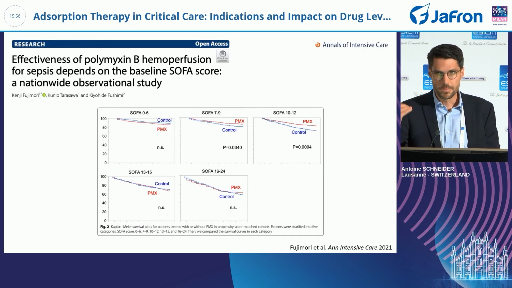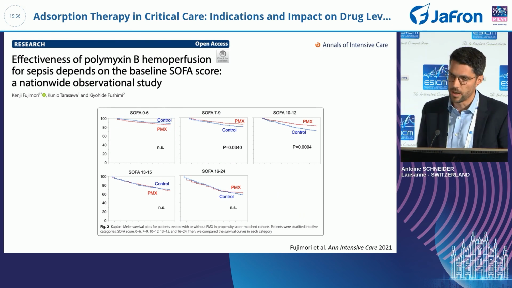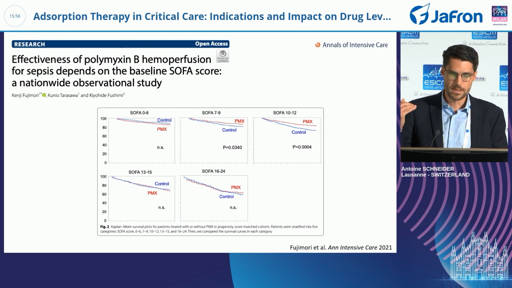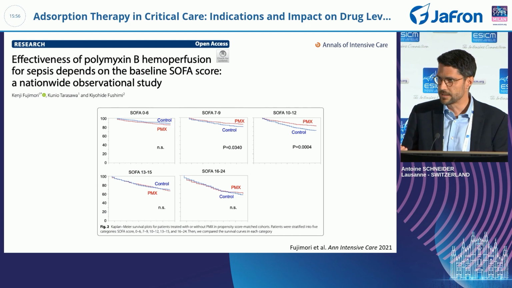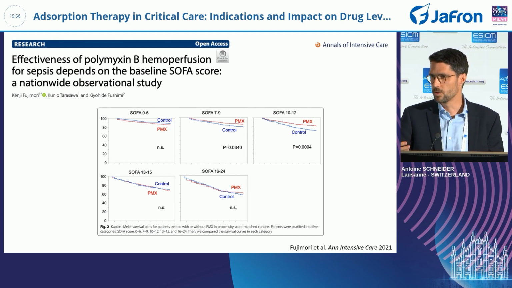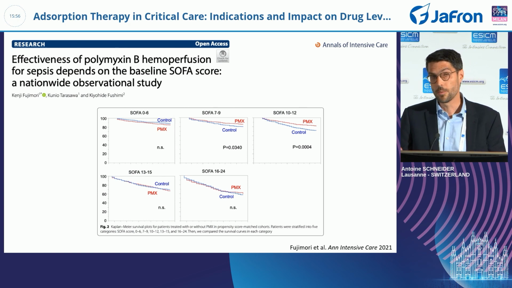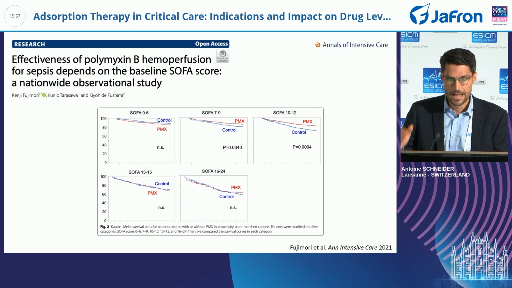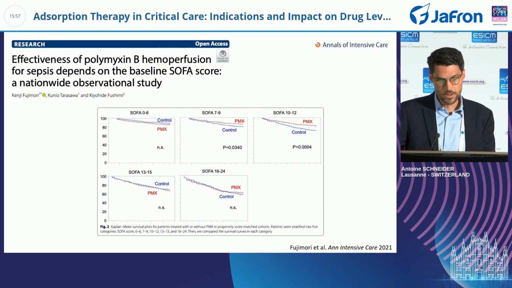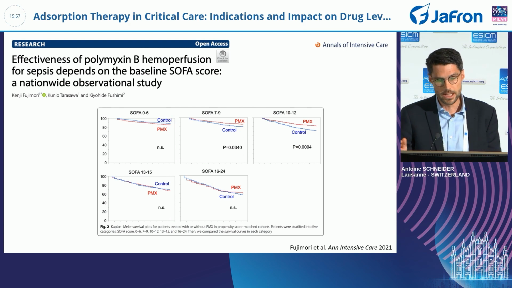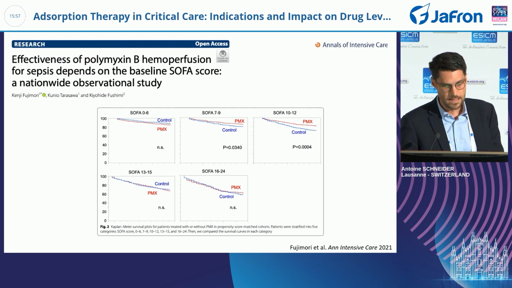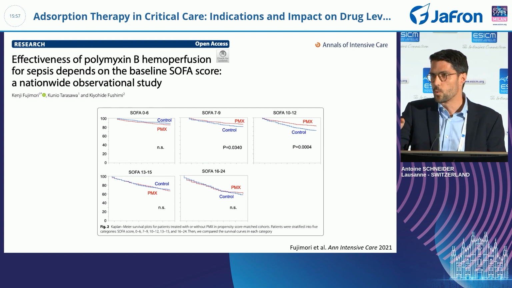And this is illustrated by two papers. This one was looking at the results from polymyxin. As you might know, polymyxin B hemoperfusion is a form of hemoperfusion that's commonly performed in Japan. And they did this retrospective analysis, and they stratified the relationship between mortality and time according to the SOFA score of the patient.